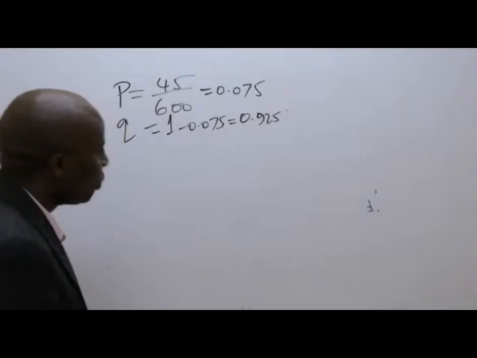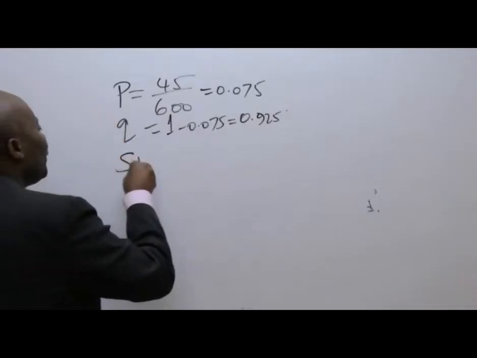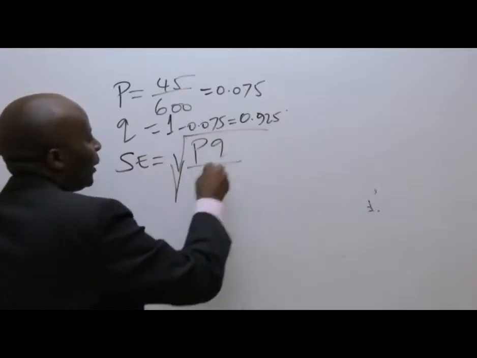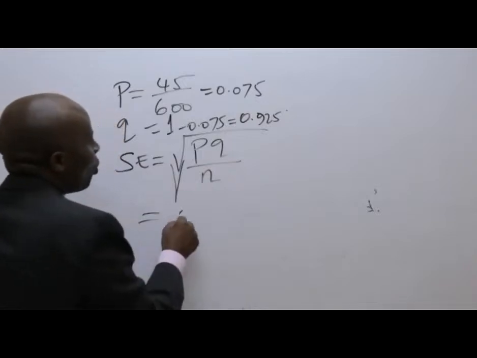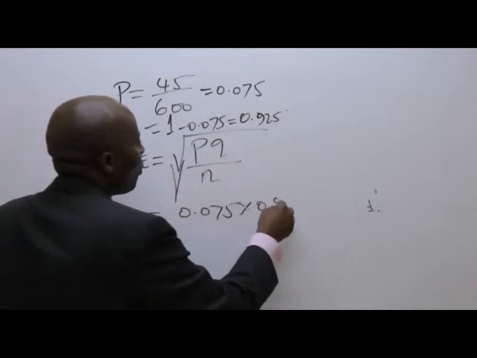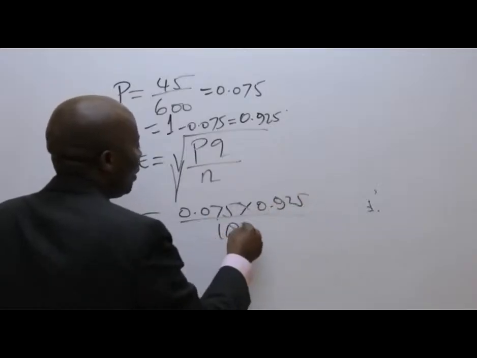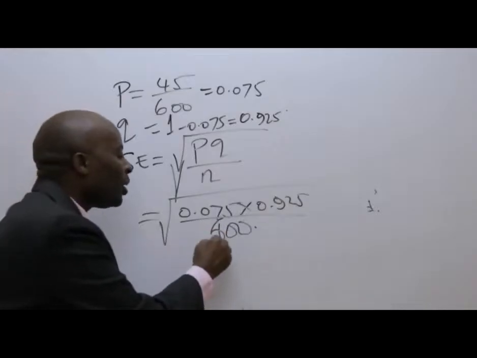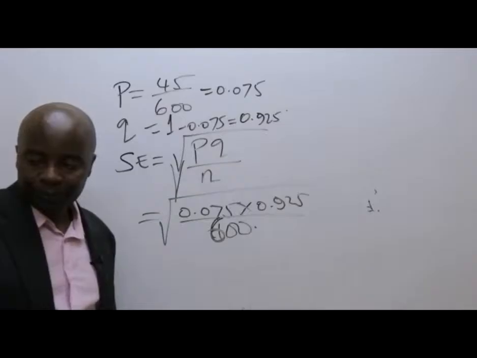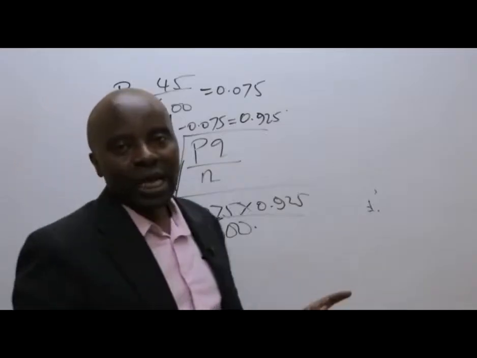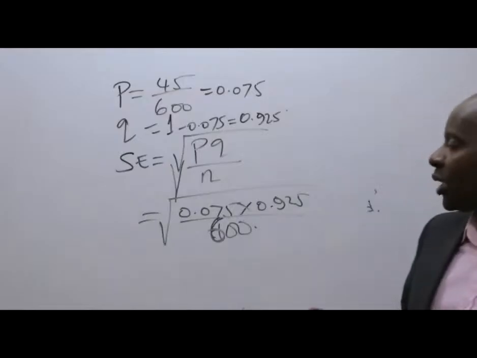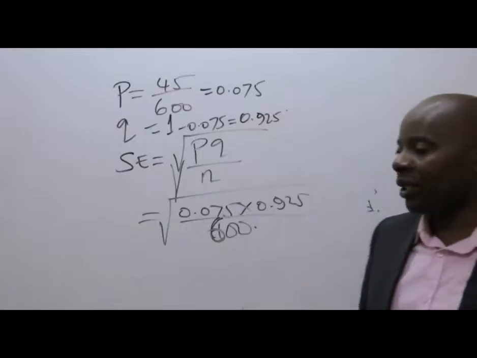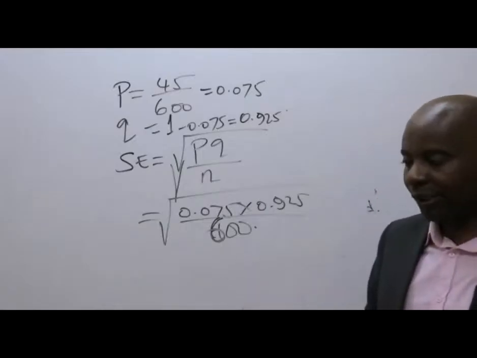In the case of proportions, the standard error will be obtained by multiplying 0.075 times 0.925, and whatever we get, we divide by N. We sampled 600 accounts, so our N is 600. Could you kindly give us this standard error?